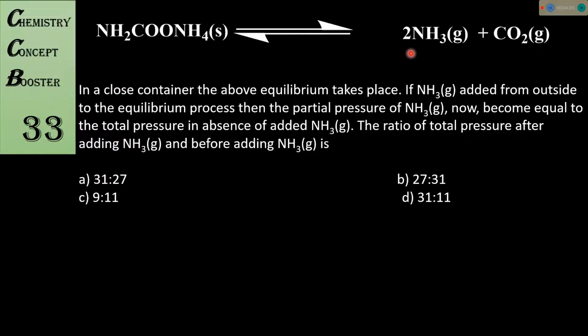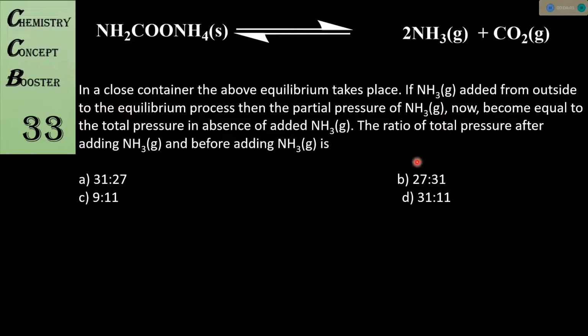We know that this is an equilibrium reaction. There is some partial pressure of ammonia gas and CO2 gas. If we calculate the total pressure, we have to add the partial pressures of these two gases; that is the total pressure before adding ammonia gas.